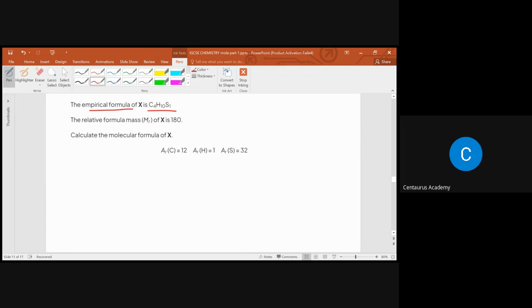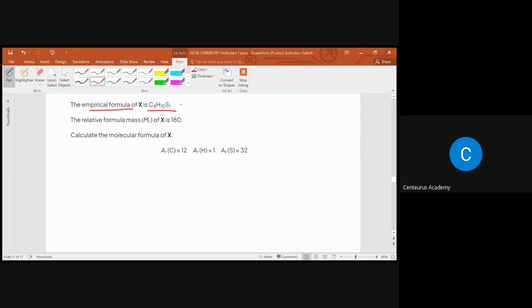Once we get the number of moles of all the atoms or elements which are present in the compound, we take out the simplified ratio, and by dividing all the number of moles by the smallest number out of them, okay, as a result of which you are going to get the simplified whole number ratio, which is referred to as your empirical formula.